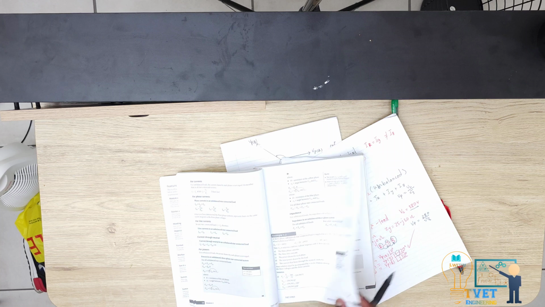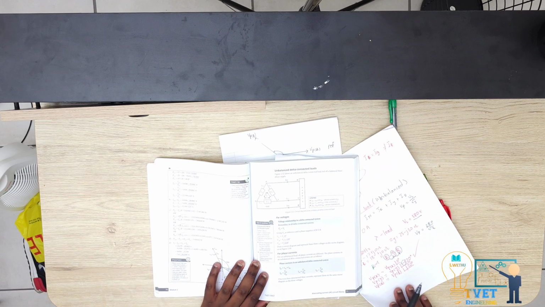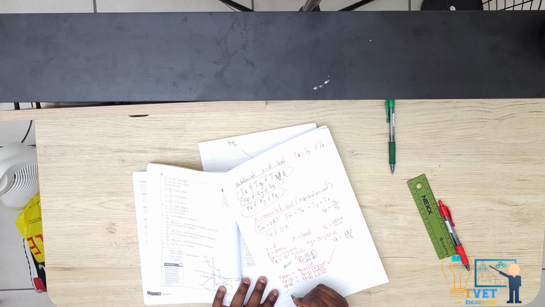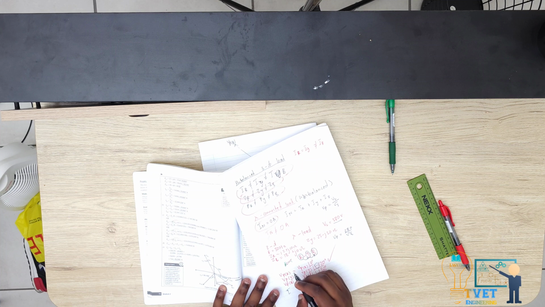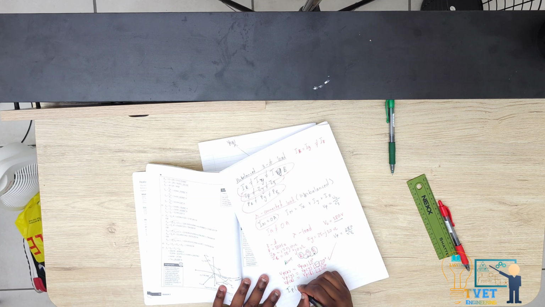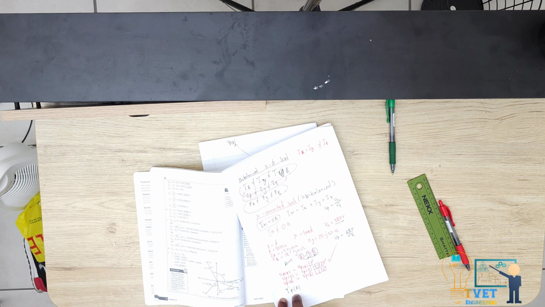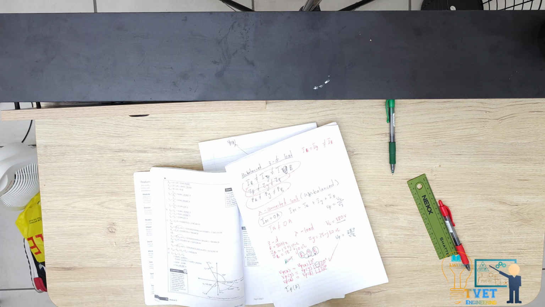Okay, the second question wants us to find the line currents. Remember, the values we have just calculated in the first question are phase currents. Remember, when you calculate using the formula, you get phase values. So the question now wants us to find the line value.